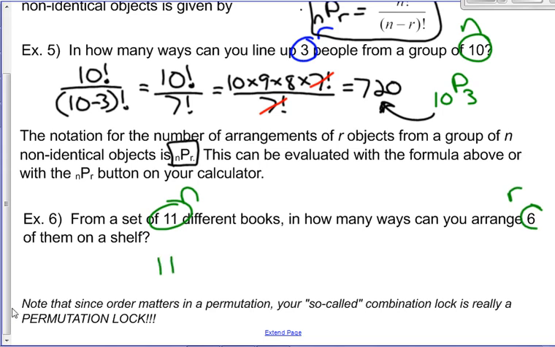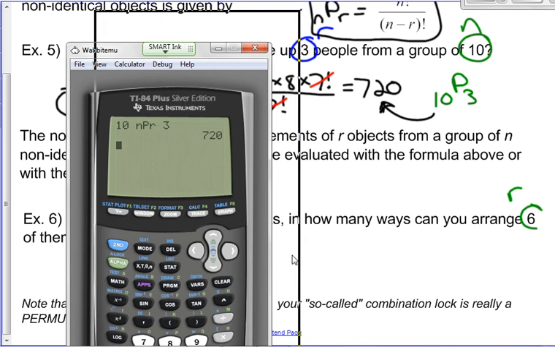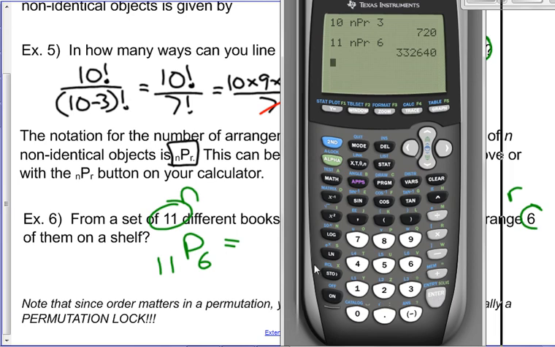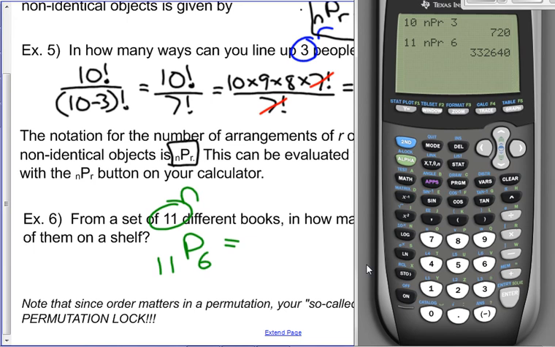In other words, it's 11P6, or 11 pick 6. Let's find out how big that is. Whoa! Gets pretty big, pretty fast. 332,640.